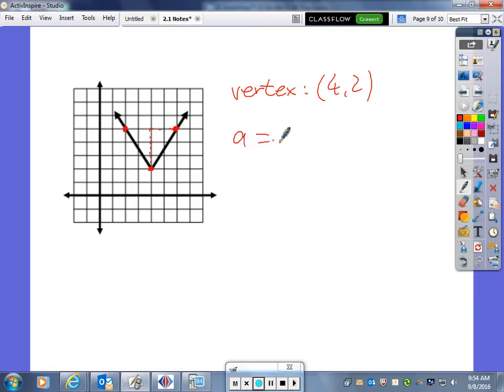So a is equal to 3/2. And with that being said, we can now go ahead and write our equation. F of x is equal to 3/2 the absolute value of x. And now always remember the h takes the opposite sign. So minus 4, close the absolute value bars, plus 2.